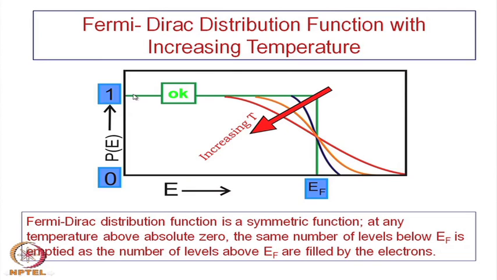So, this is at 0 K or absolute 0, the green one is a step jump or step discontinuity, a step change here, suddenly from 100% it goes to 0% at EF, and that happens at absolute 0, but as we increase the temperature the curve changes from steeper to a more flatter curve.